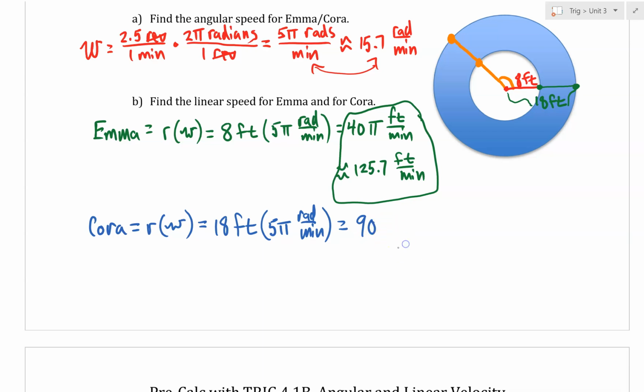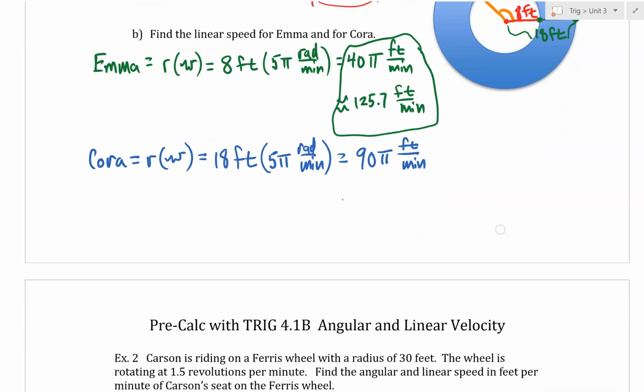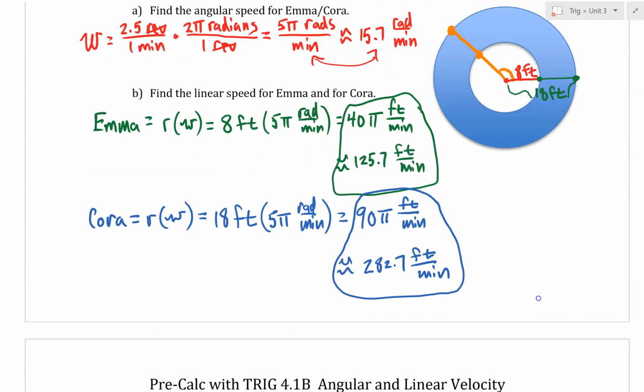Sorry, not 90 feet. 90 pi. And this is in feet per minute. And this one is roughly equivalent to 282.7 feet per minute. That would be how fast the other person is traveling, Cora.